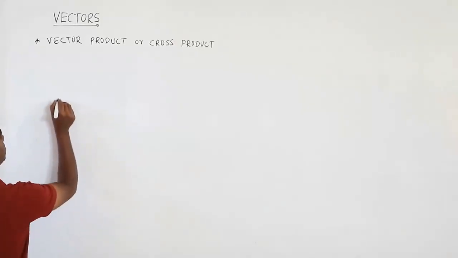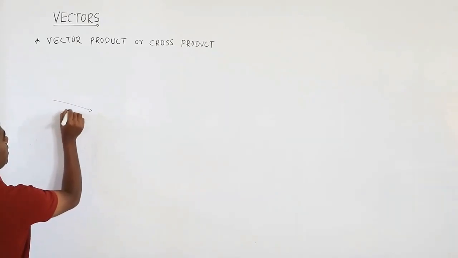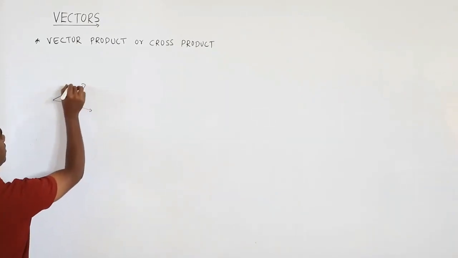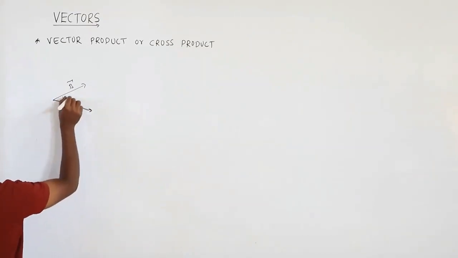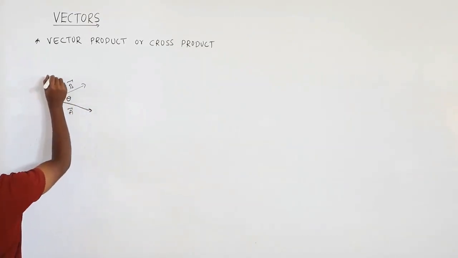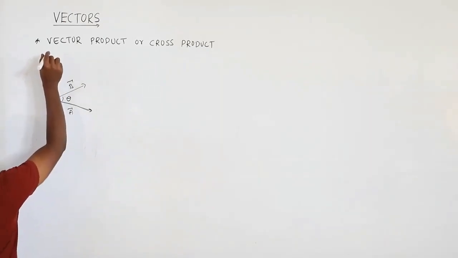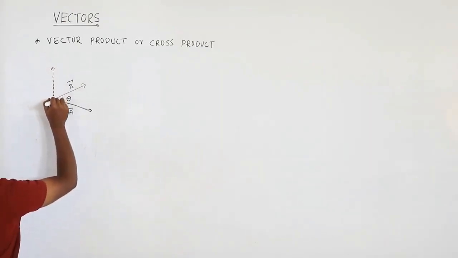So what we got: suppose you have two vectors, vector A along here and vector B along here, say in the xy plane, making an angle theta. Your resultant will be either in the upward direction or in the downward direction.